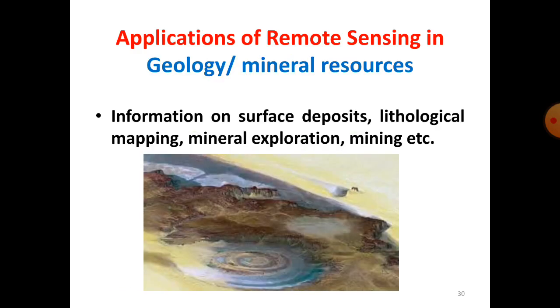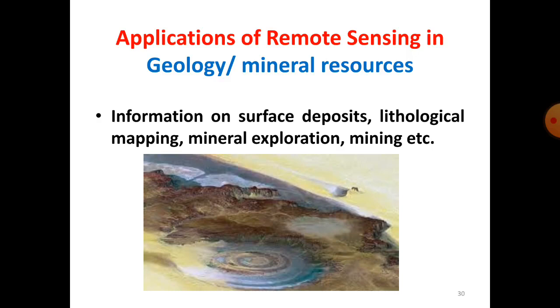The next application of remote sensing is in the fields of geology or mineral resources. Information on the earth's surface deposits and lithological mapping. Lithological mapping refers to mapping of the rock types, which can easily be done by remote sensing.